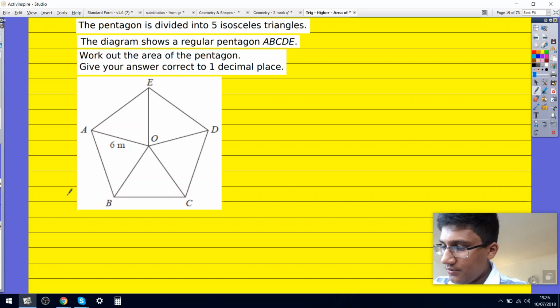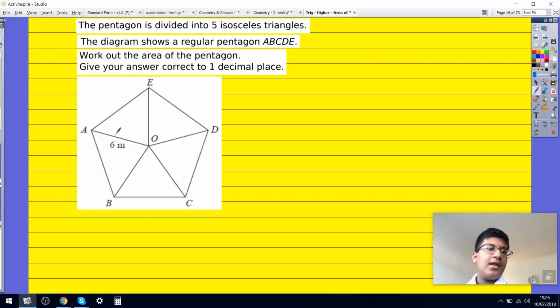And so with a pentagon there, it's a regular pentagon because they're 5 isosceles triangles, and so that means that this is 6 meters, and the fact that they're isosceles triangles tells us that all of those lengths going into the center would be 6 meters. So we can just label the side next to it. So 5 isosceles triangles.